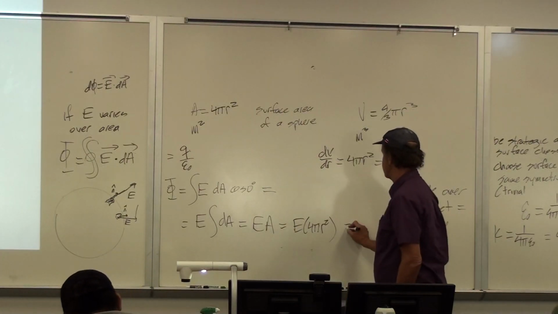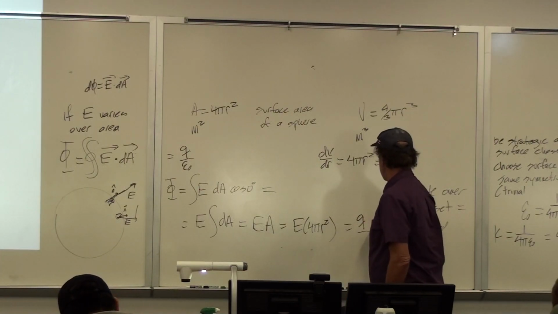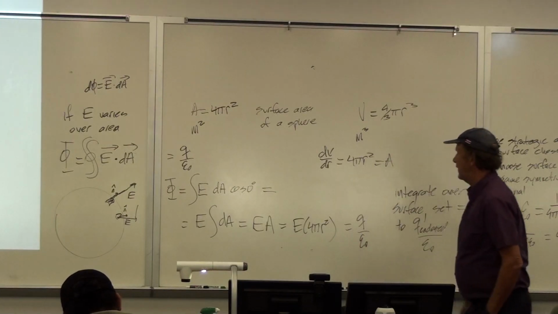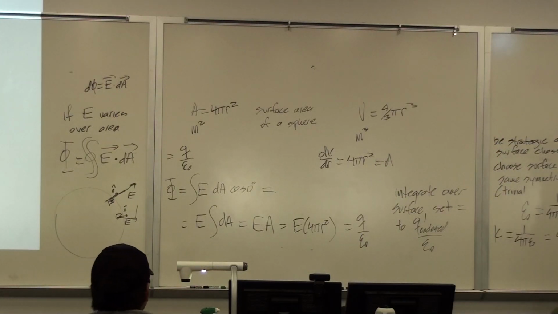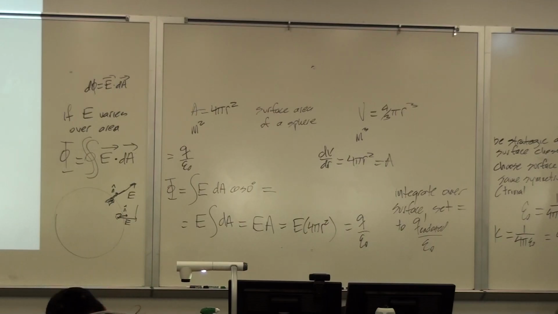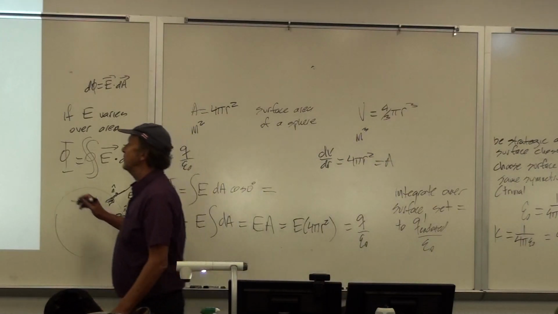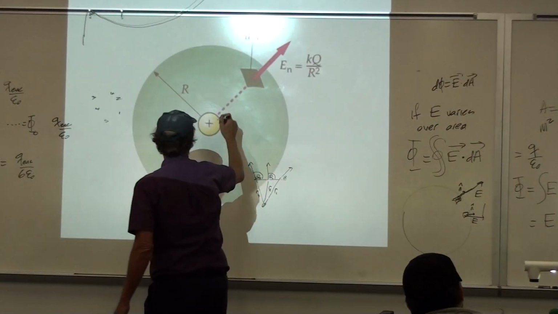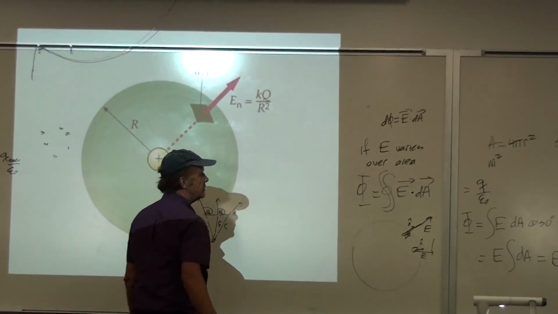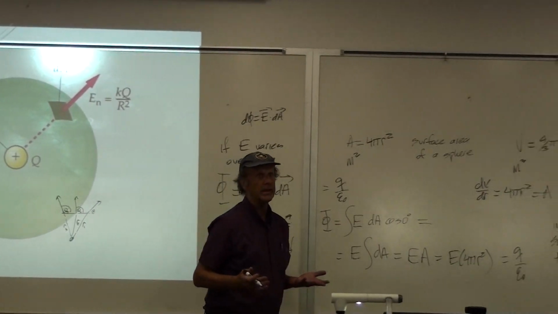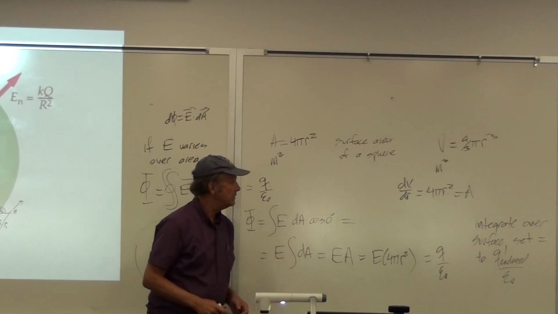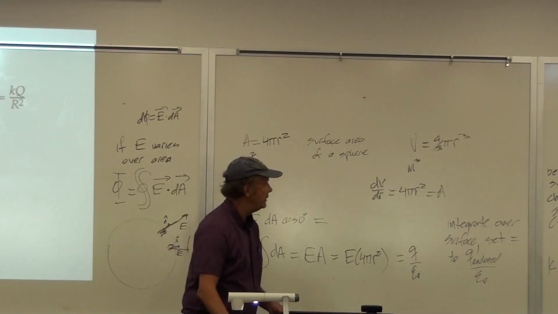That's our flux. And so that's equal to the charge that we enclose divided by epsilon naught. And so that's it. That's Gauss's law for a sphere. That's all there is to it. As long as we're far enough out so that we're enclosing the charge, and this is a point charge which has a spherical distribution of electric field lines, then we're good to go. So we just solve this for E.